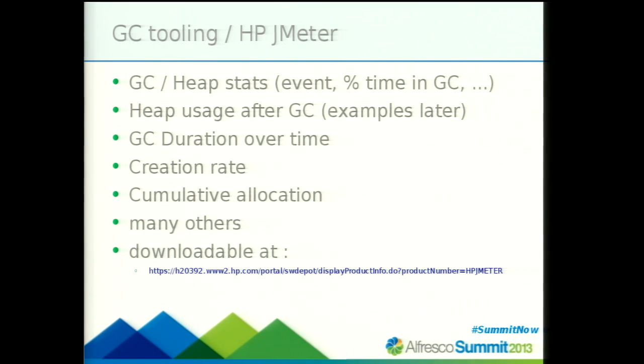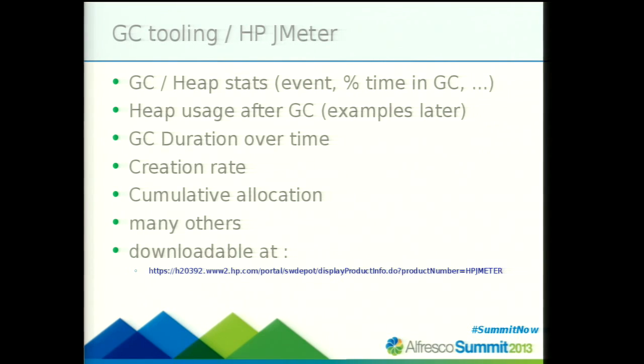Obviously, if you have 1 million lines, it's nice to have a tool to actually parse them out and give you graphs and stats. The tool of choice I use for that is HPJMeter, which has nothing to do with Apache JMeter. It's free. You can download it from the HP site, and it can give you many graphs, as we'll see later. For example, heap usage after GC over time in a graph per GC type, which is quite useful.